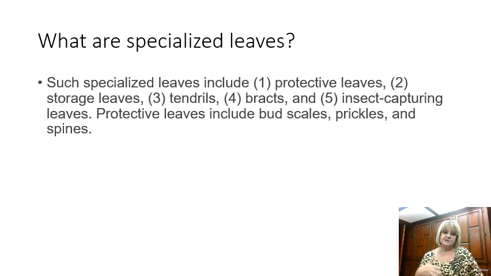So such specialized leaves include your protective leaves, your storage leaves, your tendrils, your bracts, insect capturing leaves, and the protective leaves include things like bud scales, prickles, and spines.